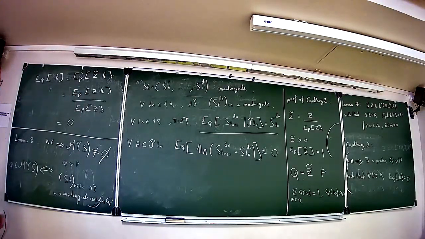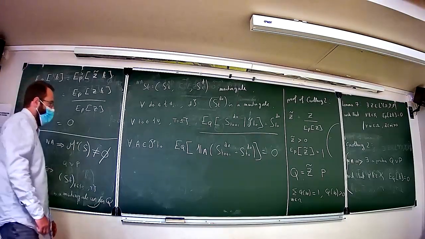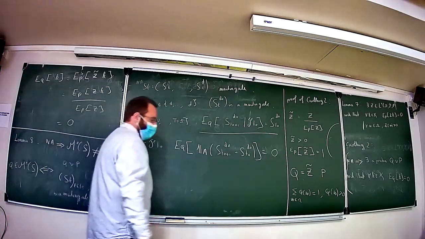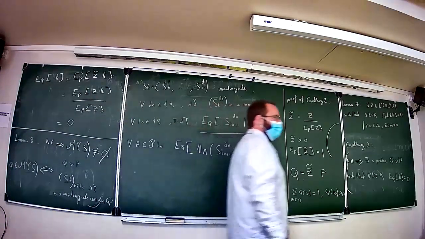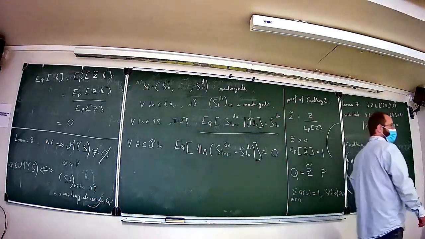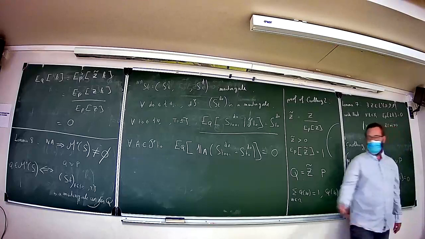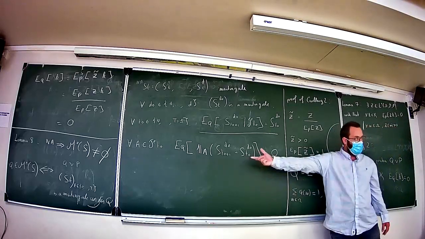So I need to define a self-financing strategy starting from 0 in such a way that its final value is exactly this one.